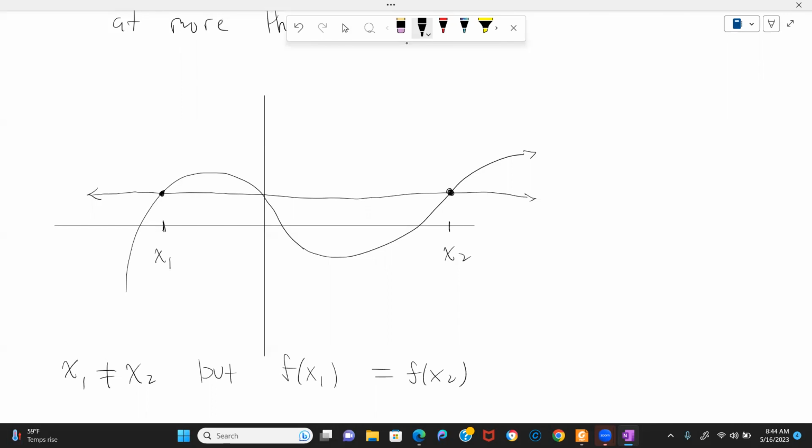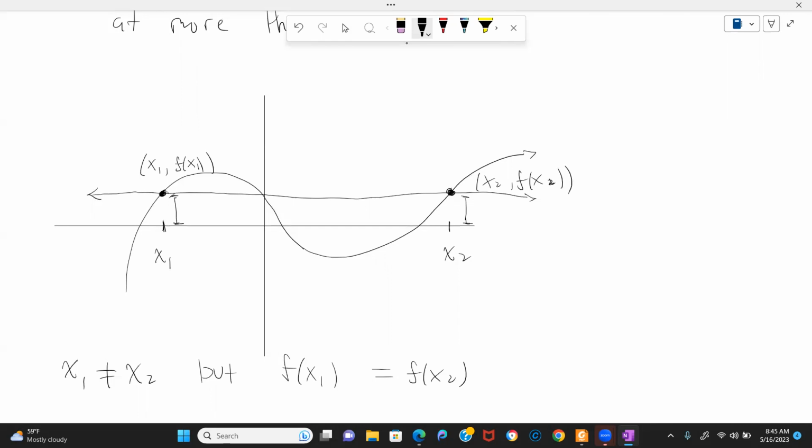And why is that? Because these are points on a horizontal line. The distance from the line to the x-axis is the same at both points, and that vertical distance just is the y coordinate. So this point right here is x1, f of x1, and this point right here is x2, f of x2.